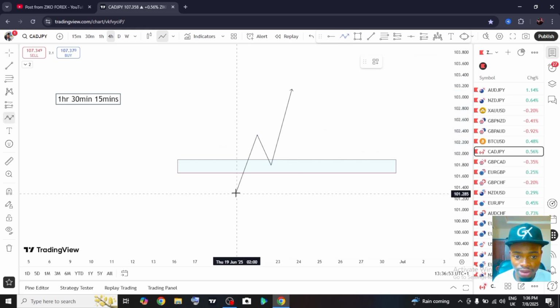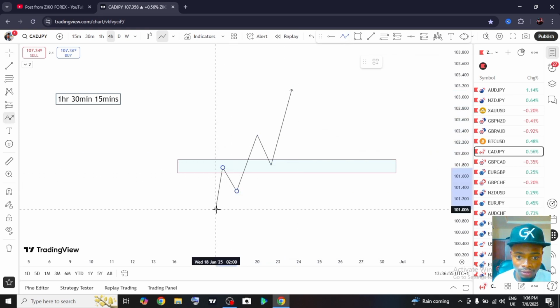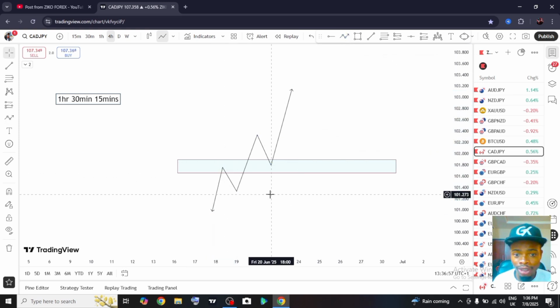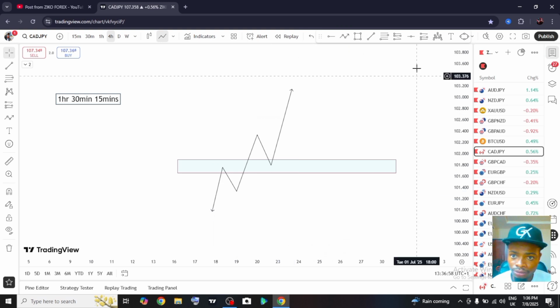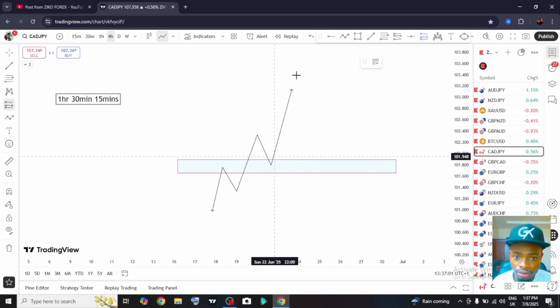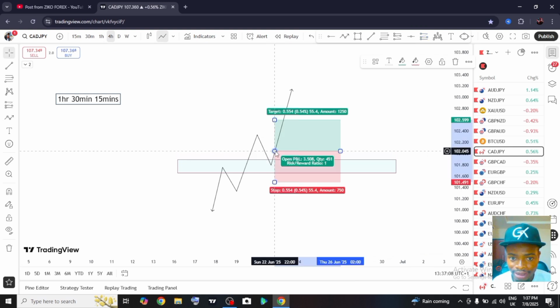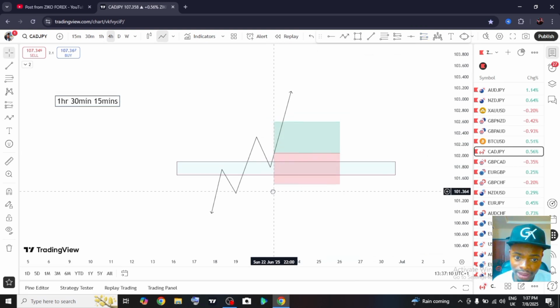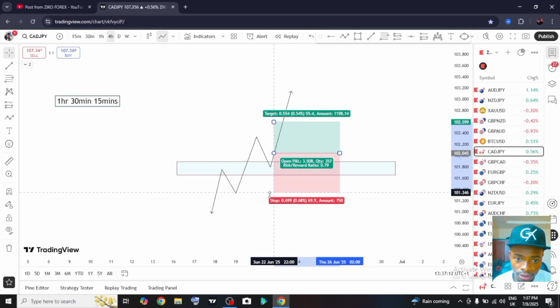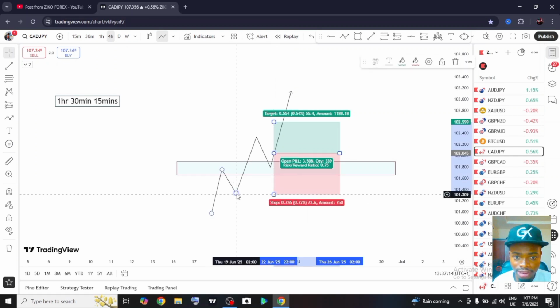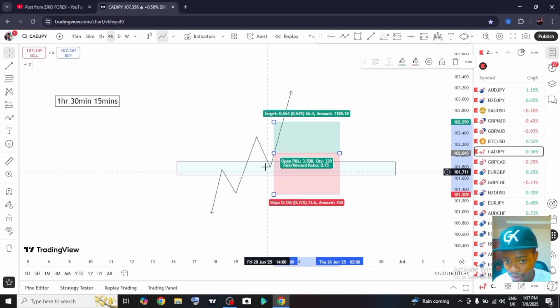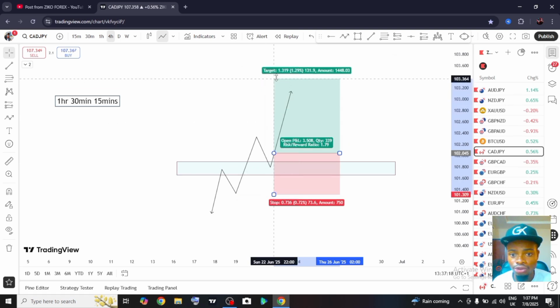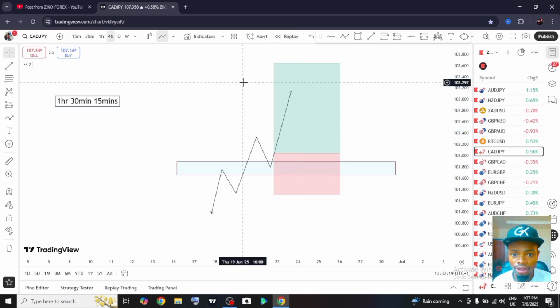So assuming this trade is like this, on a normal day, how are you going to enter this trade? You take your long position, then after the engulfing, you will enter, and then you will put your stop loss below this previous low, and then you target 1:2 or thereabouts.